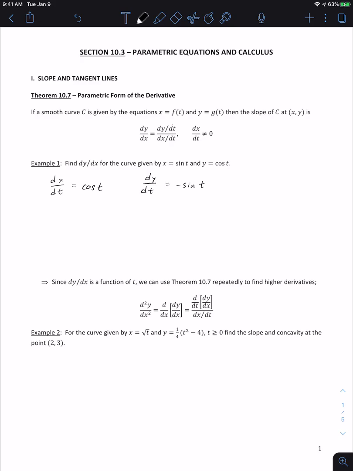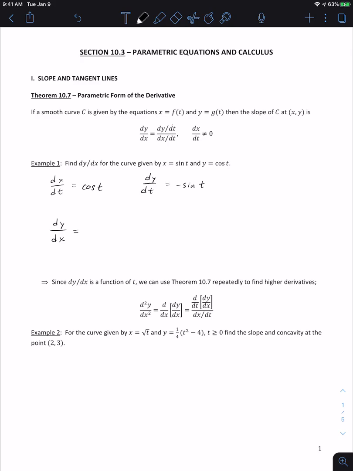So now the formula says if I want to find the derivative dy/dx, notice the different variables in the denominator. I was taking the derivatives with respect to the variable t. But if I want the derivative of the curve, remember the curve is plotted in the xy coordinate system, so I want the derivative of y with respect to x.